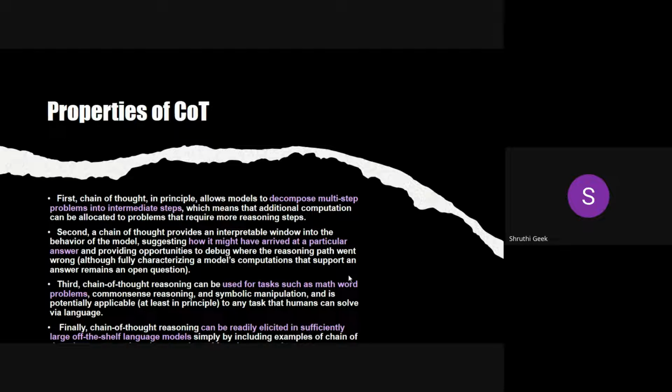All these are mostly arithmetic and math complex reasoning benchmarks, followed by a few common sense, date and logical reasoning benchmarks for evaluation. So, stating this, I would go ahead with the properties of chain of thought.